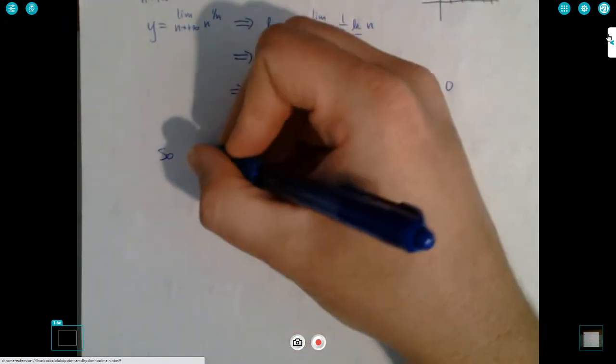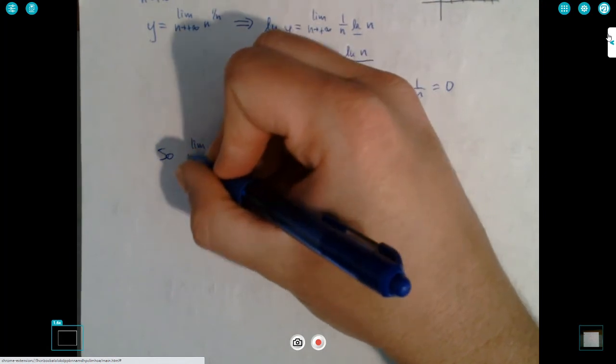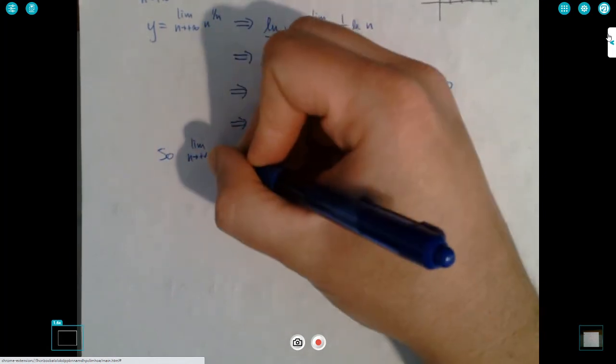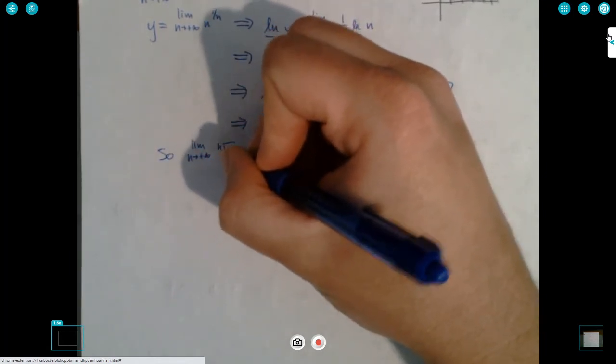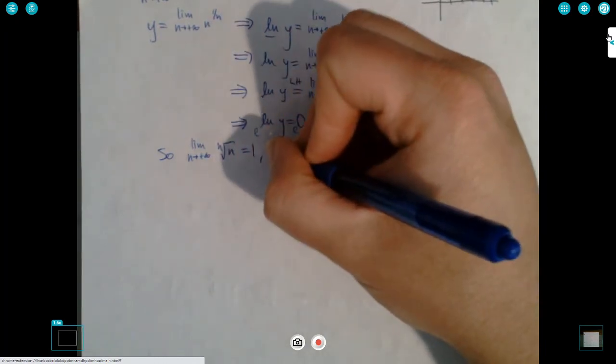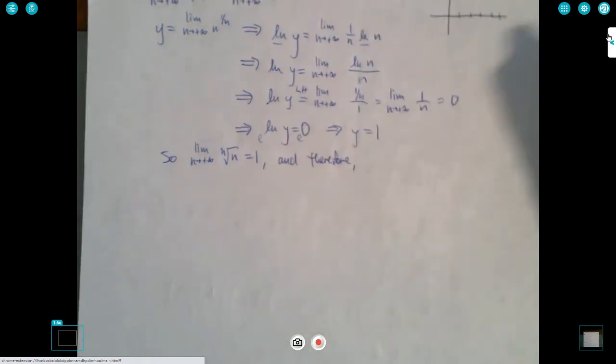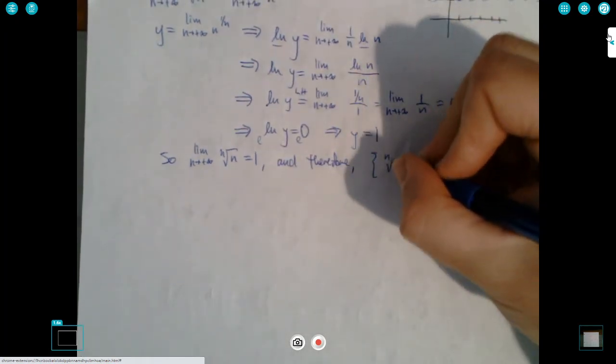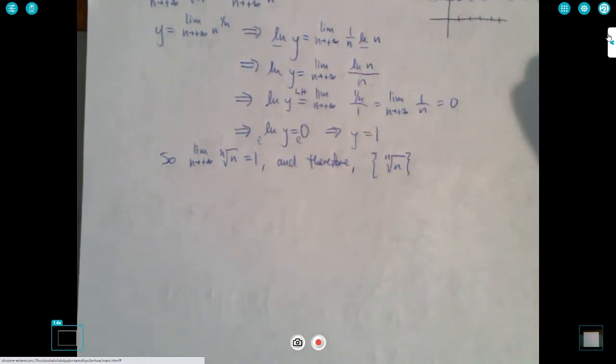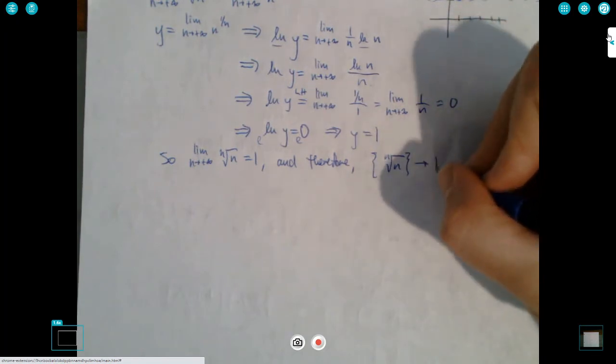So the limit as n approaches positive infinity of the nth root of n equals 1, and therefore the sequence nth root of n converges to 1.